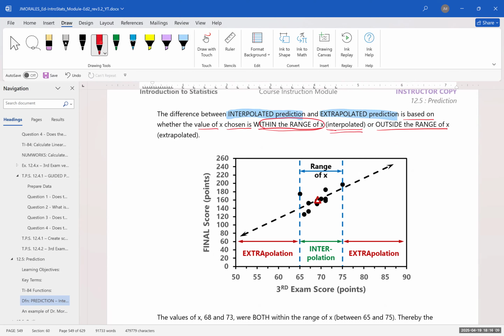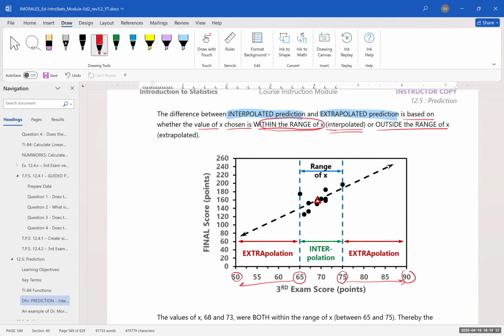So here's another graph of the scatter plot and the line of regression, but here you can see that I've expanded the graph. Instead of having a minimum of 65 and a maximum of 75, I expanded the maximum on the graph to 90 and the minimum to 50 to create some more space.